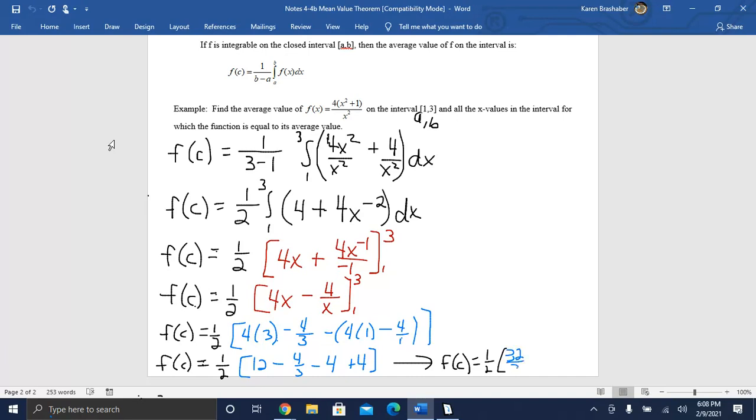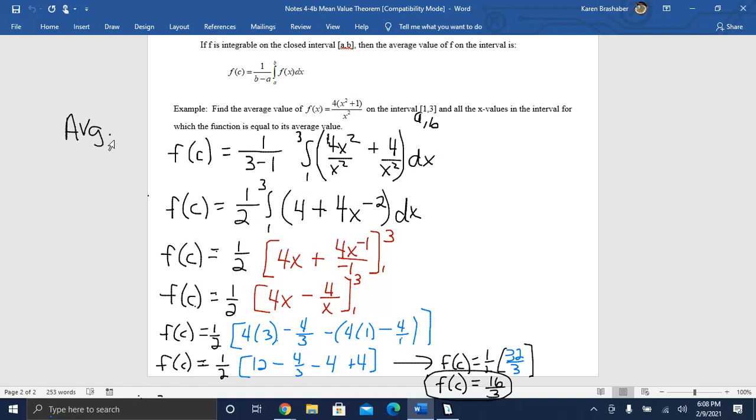And so 1/2 of 32/3 is 16/3. My average value of the function is 16/3. And that was one of the questions. What is the average value of the function? So I'm going to circle that. I'm going to write that answer over here.